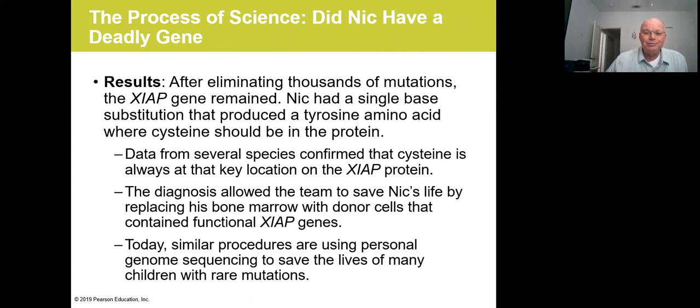If you are unable to actually fix the genes, you simply destroy the bone marrow. You do that with radiation, and then you inject a small amount of bone marrow taken from a donor, and that bone marrow then propagates to replace the now destroyed bone marrow. And in this case, the XIAP gene was fully functional, problem solved.